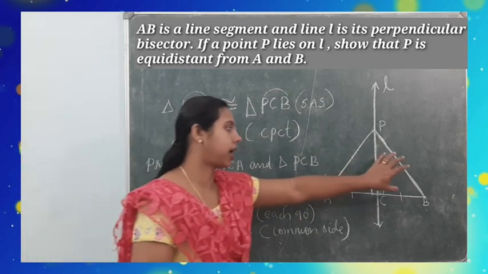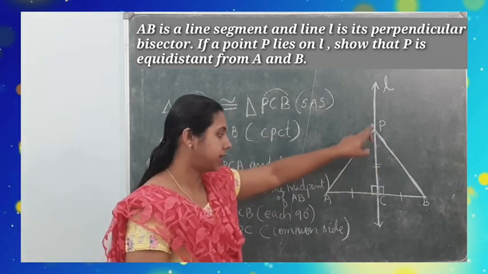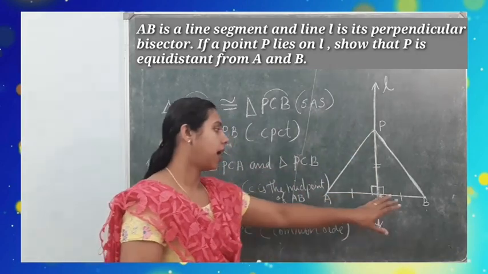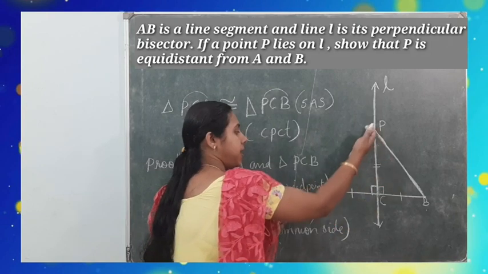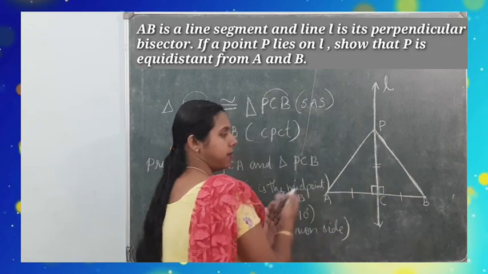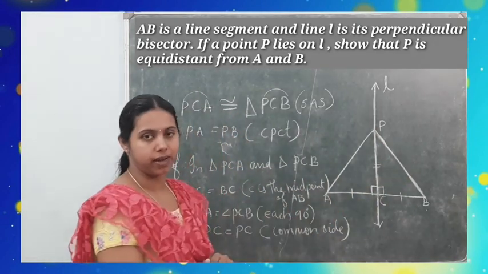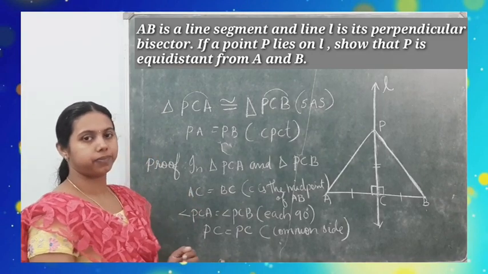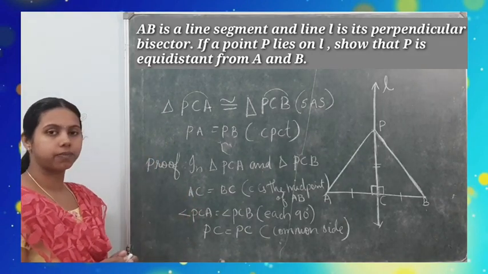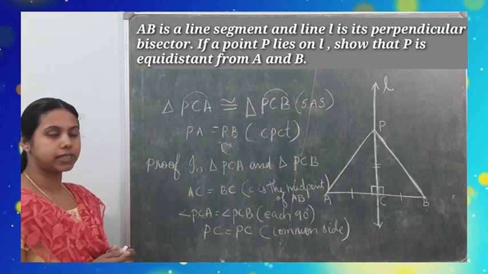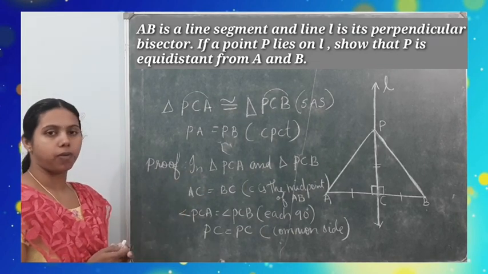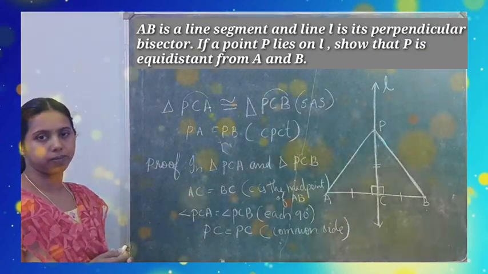If you keep this triangle on top of this, PC will coincide with PC and AC will coincide with BC. That time PA will coincide with PB. So they are equal. So we proved that a point on the perpendicular line is equidistant from the endpoints of the line segment.